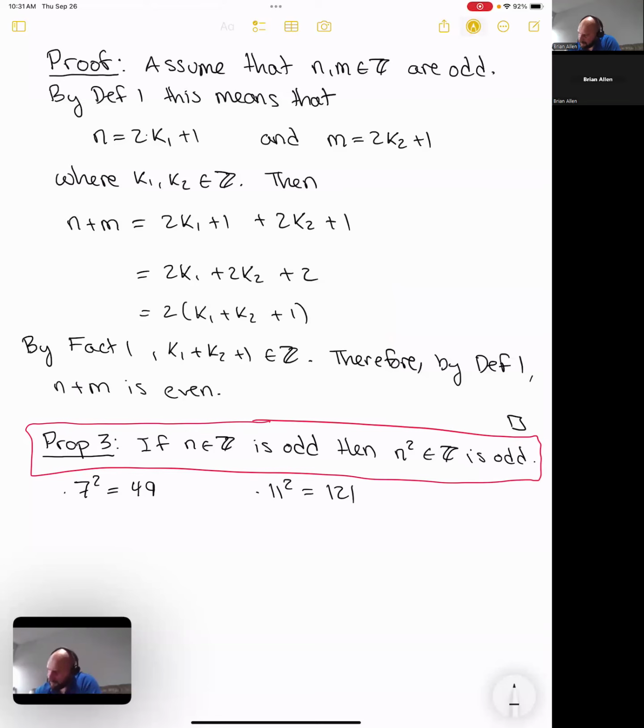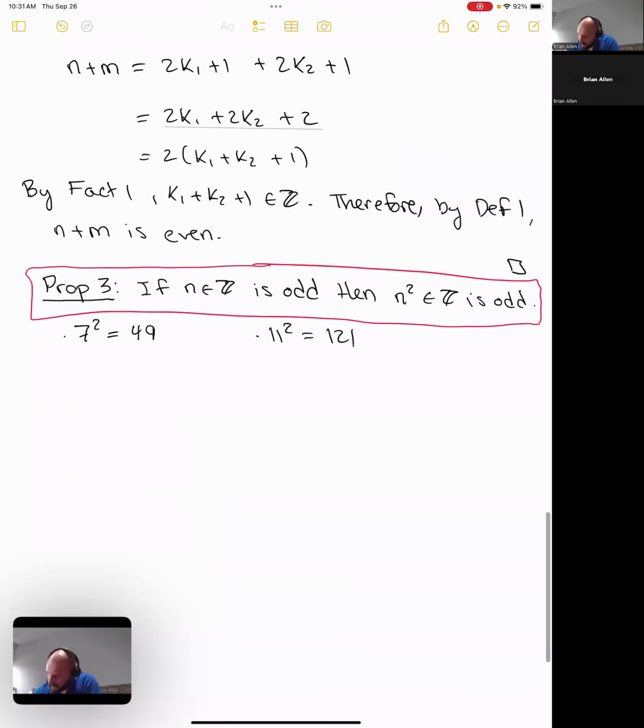Okay, maybe we don't want to play too long this time because we're starting to get the hang of this stuff. So let's go into the proof sketch now. So we want to take an odd integer so we know it can be written this way. And in the sketch, we're just trying to get the idea of what's going to happen in the proof.